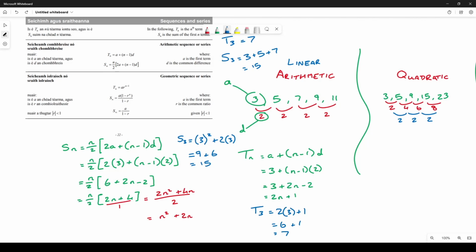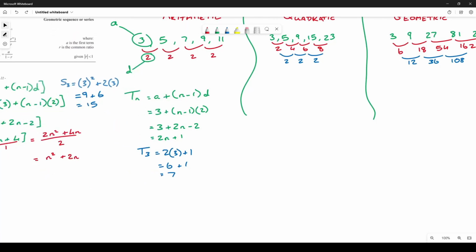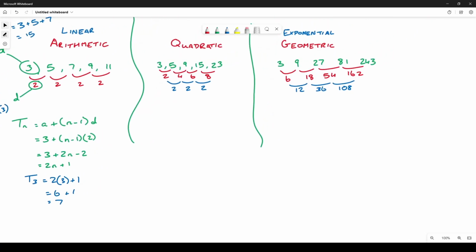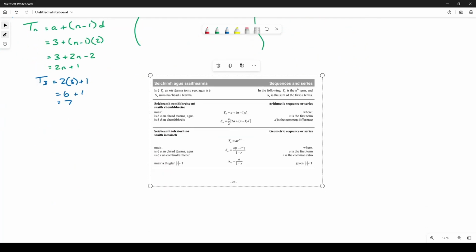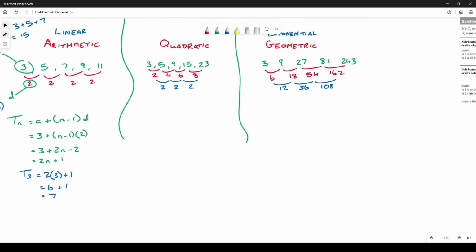This was kind of a spur of the moment thing. I don't really plan anything out. A few people, I could see that sequences and series wasn't going well, and particularly in Leaving Cert honors, you needed to do financial maths. So I just thought it'd be something good to get out of the way.